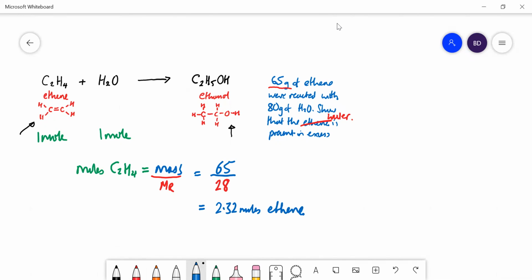If you've got 2.32 moles of ethene, we're going to need 2.32 moles of water. So the mass of the water: mass is equal to moles times Mr. The moles are 2.32, and of course the Mr of water is 18. You probably remember that one. That is equal to 41.7 grams.